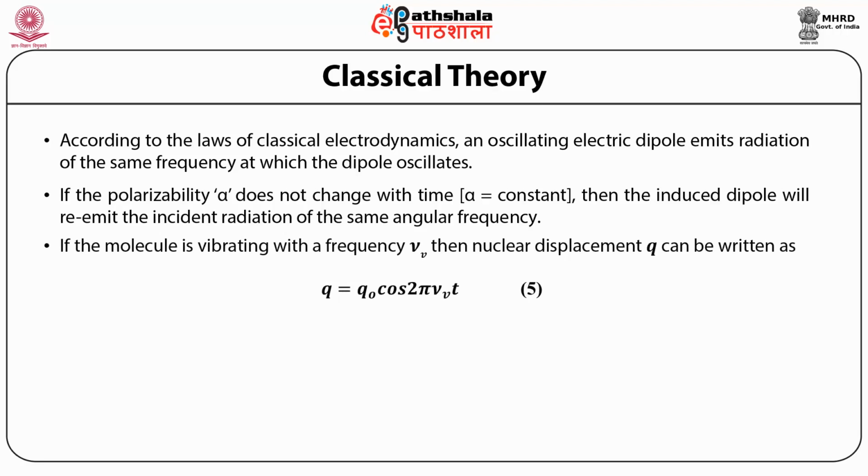If the molecule is vibrating with a frequency ν, then the nuclear displacement Q can be written as Q = Q0 cos(2π ν t). Here Q0 is the vibrational amplitude.